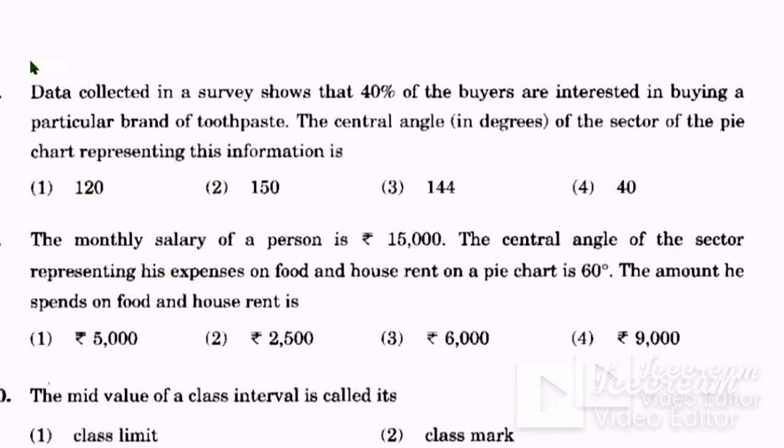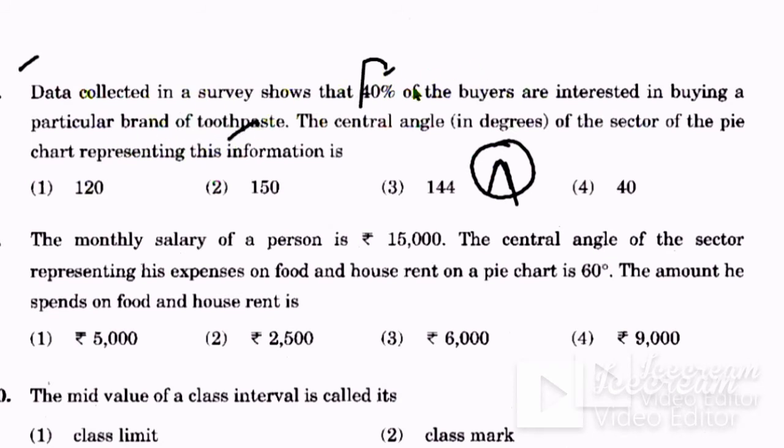So now question number 8. Data collected in a survey shows that 40% of the buyers are interested in buying a particular brand of toothpaste. The central angle in degrees of the sector of the pie chart representing this information is? So in a pie chart, 40% is what the survey shows for buyers of toothpaste.